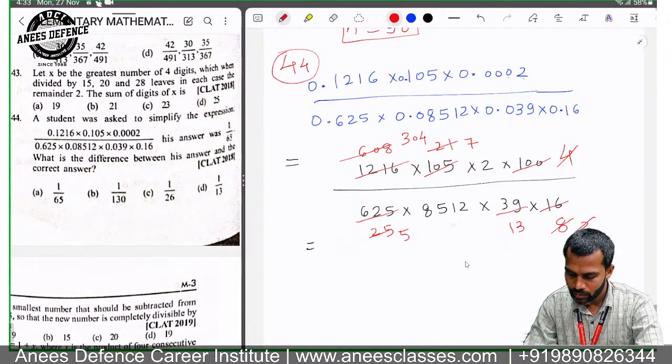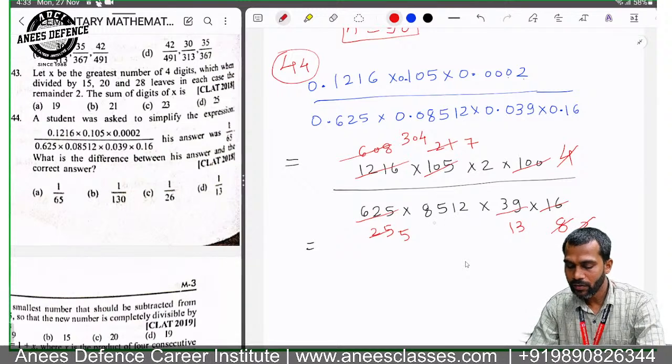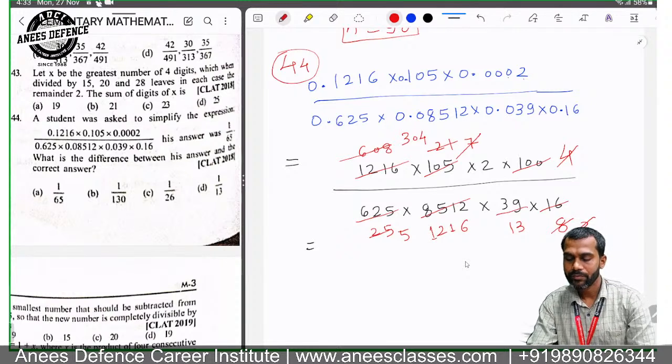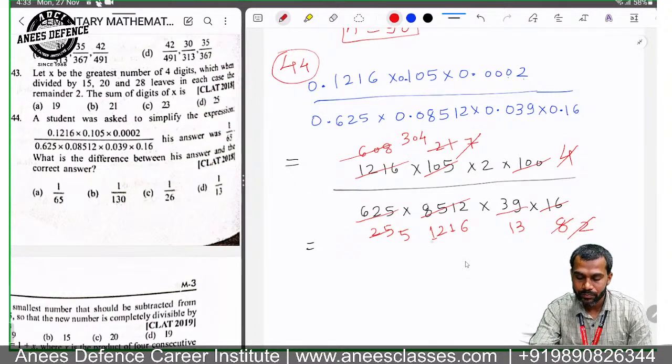Now next, 7 1s are 7, 7 2s are 14. Yes or no? 7 1s are 7, 7 6s are 42. Yes or no?